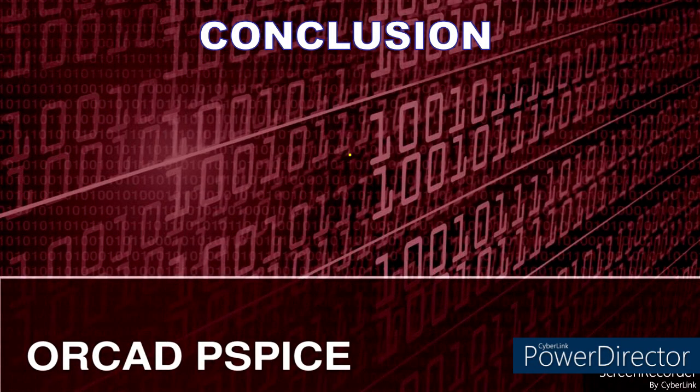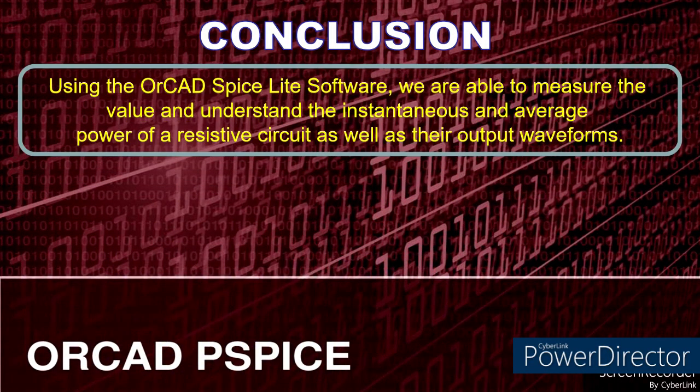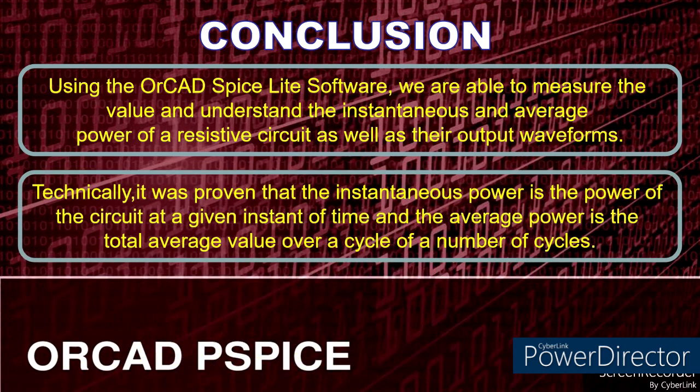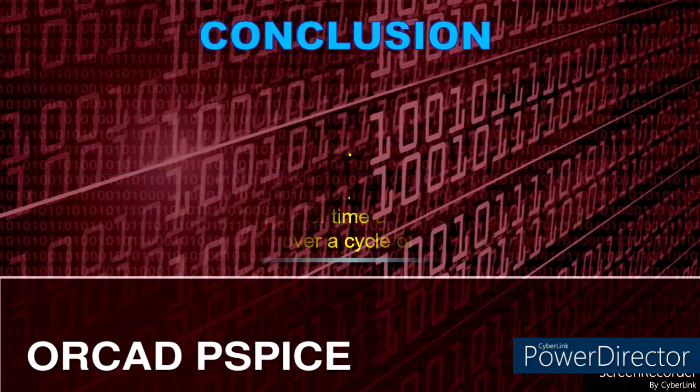As a conclusion, using the PSpice software, we are able to measure the value and understand the instantaneous and average power of a resistive circuit as well as their output waveforms. Technically speaking, it was proven that the instantaneous power is the power of the circuit at a given instant of time, while the average power is the total average value over a cycle or a number of cycles.